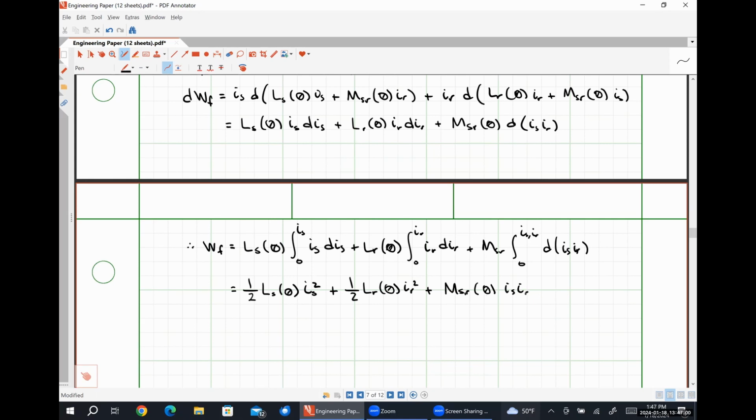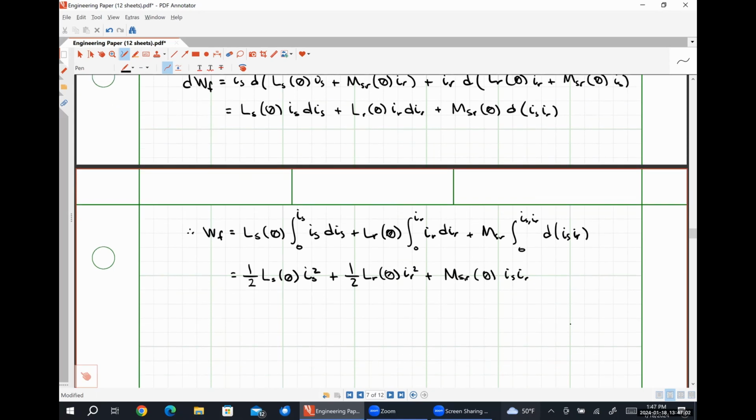All right, so the torque that's developed in a rotational electromagnetic system is analogous to the force that's developed in a linear electromagnetic system. For our linear electromagnetic system, our mechanical force was the partial derivative of our field energy with respect to displacement.